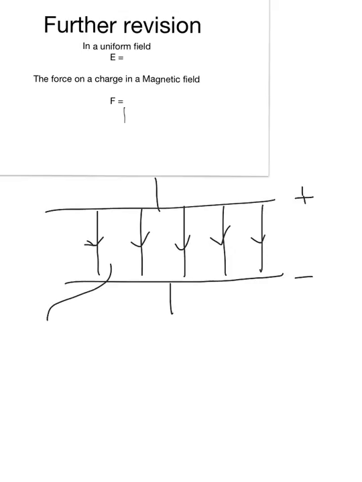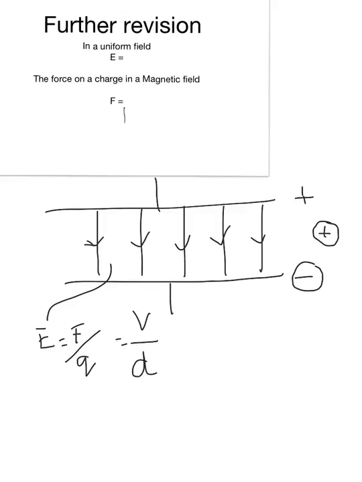They're equally spaced because the field strength is the same everywhere, and they point down towards the negative plate because the convention, remember, is for a positive charge moving in the field. Okay, so that's that. How do we work out the electric field strength? It could either be the force per unit charge or the potential difference across the plates over the distance between the plates. Okay, so that's a little bit of revision for you because we'll be using this a little bit later.